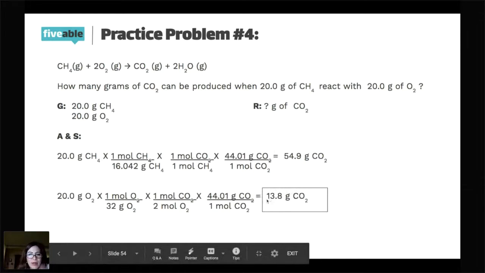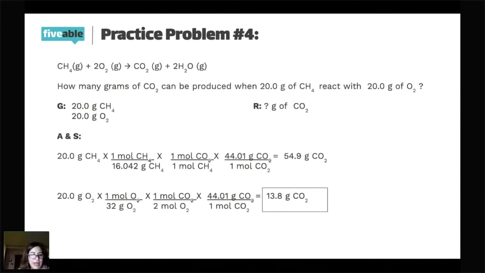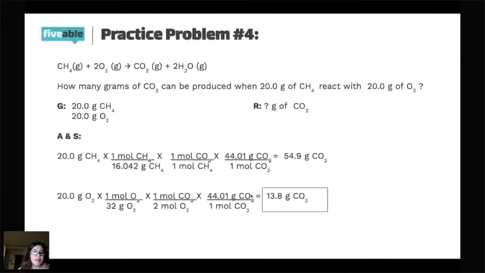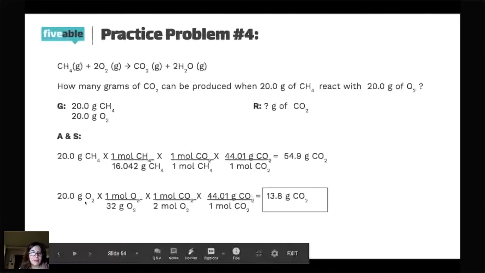And the smaller amount of product will be given by the limiting reactant. And we got to the same conclusion, that oxygen is the limiting reactant. You can never make 54.9 grams of carbon dioxide because you will run out of oxygen first. So your product is determined by the limiting reactant. Any questions here?